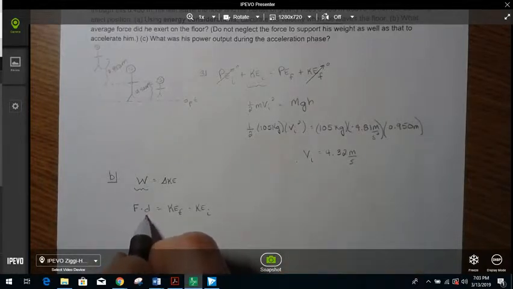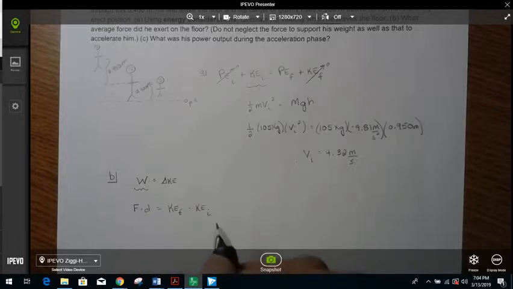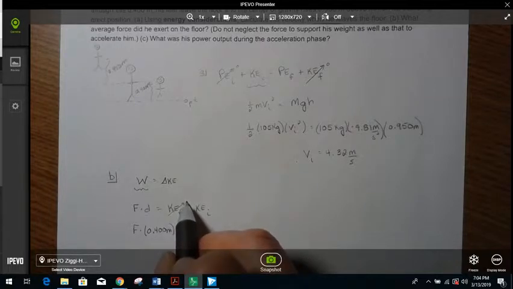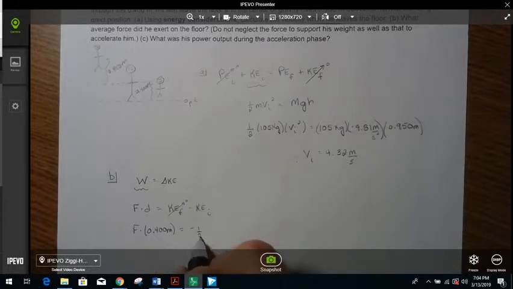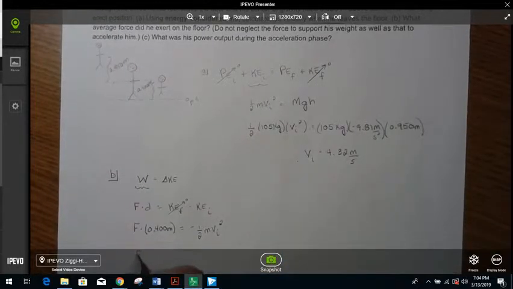He exerts the force on the floor for 0.400 meters. So we get force times 0.400 meters equals 1/2 times 105 kilograms times 4.32 meters per second squared.